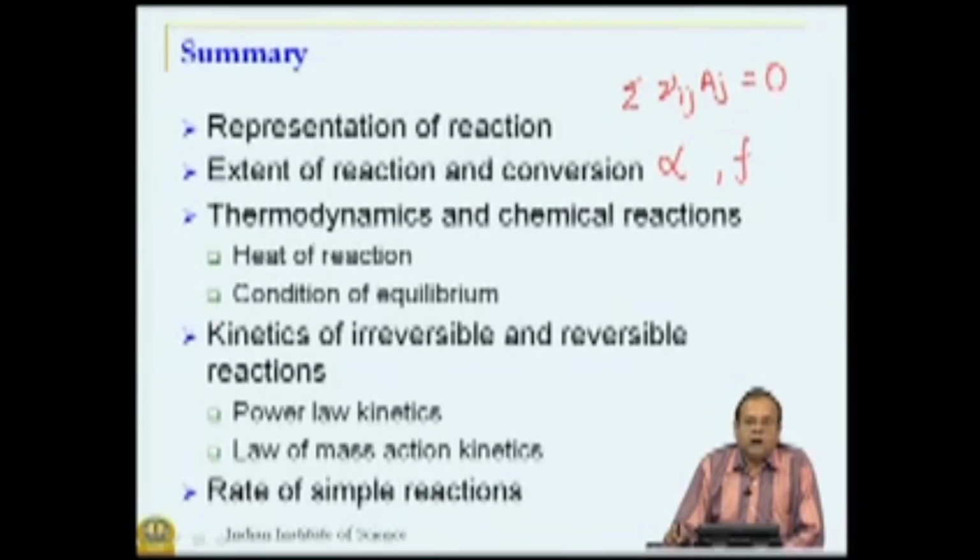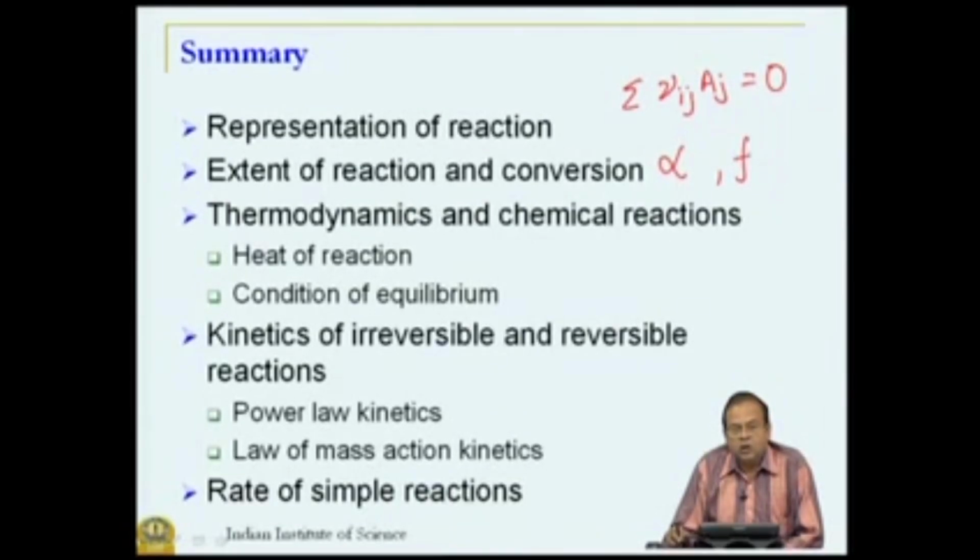So, if there are R reactions, for example, we will have R extents of reaction alpha 1, alpha 2 and so on, whereas conversion is tied down to the species.